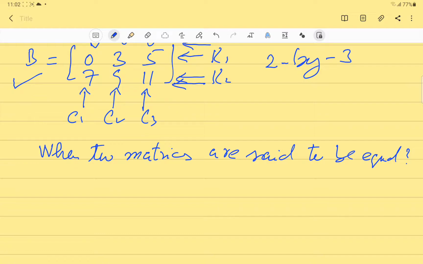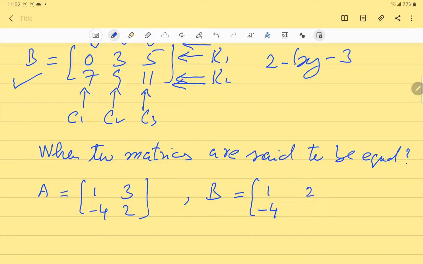Let's explain it with the help of an example. Suppose we have a matrix A, its entries are 1, 3, -4 and 2. Then we have a matrix B, its entries are 1, -4, here it is 2 plus 1, here it is 4 minus 2. Now we will compare the positions of the elements in both matrices.